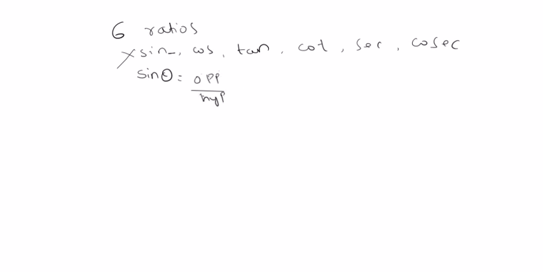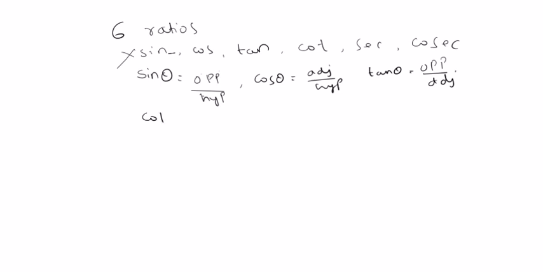Then cos theta will be defined as adjacent by hypotenuse. Tan theta will be defined as opposite by adjacent. If we know these three, the remaining three can easily be defined.